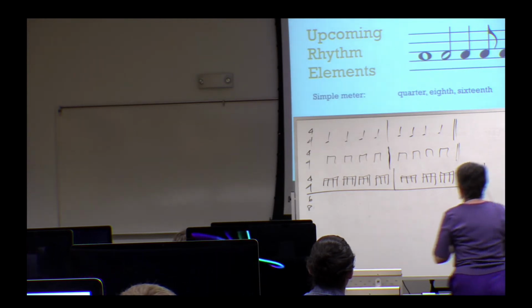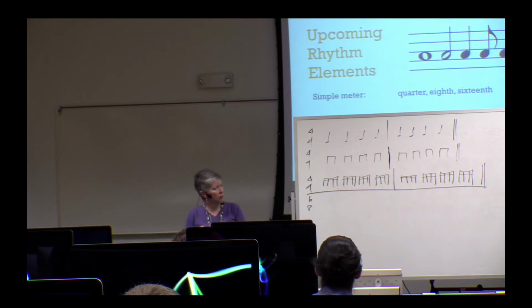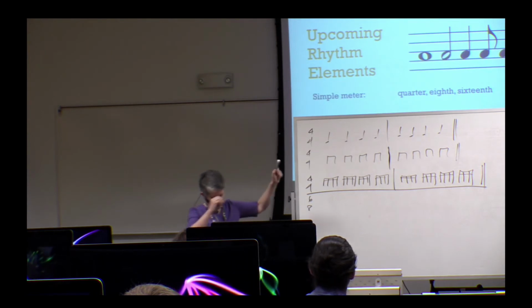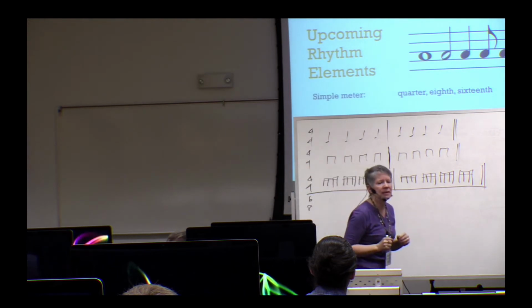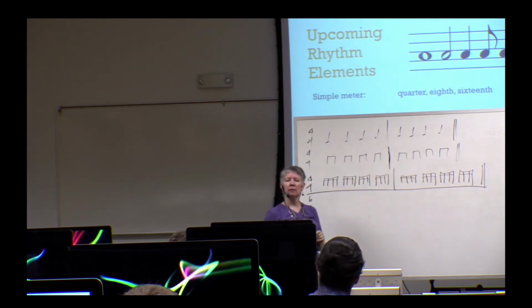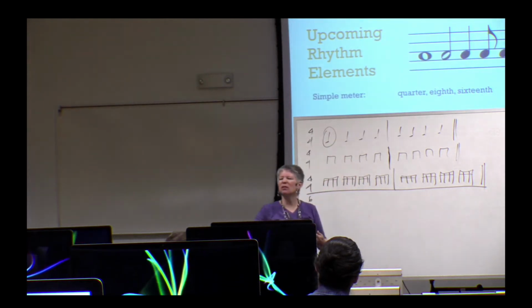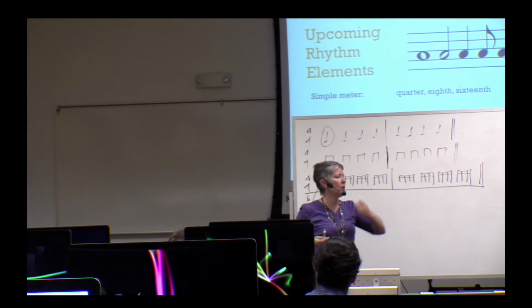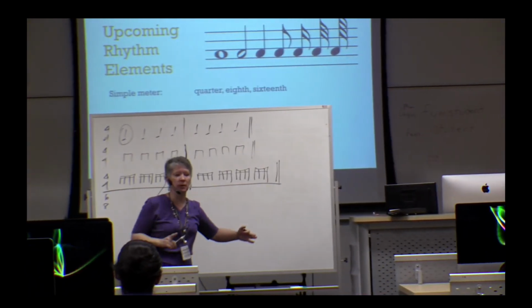Okay? So, this is going to be important later, so I'll hit it now. What rhythmic unit equals 1 pulse in simple meter? Quarter note. This guy is the unit of pulse, if you will. If a pulse happens, the quarter note rhythm is what matches it in simple meter.